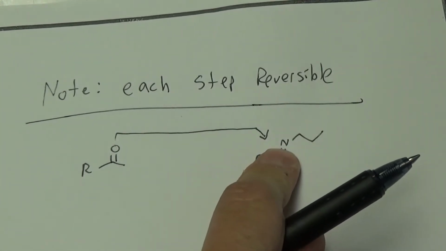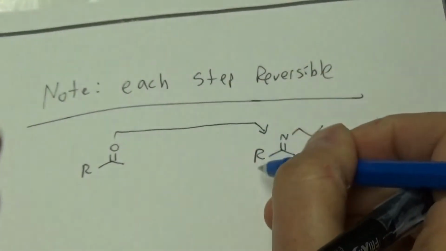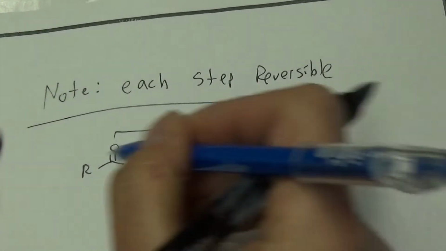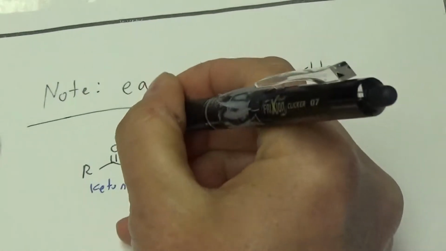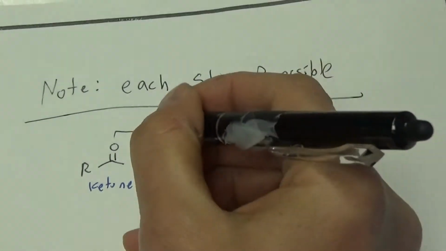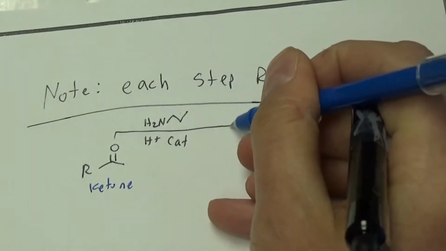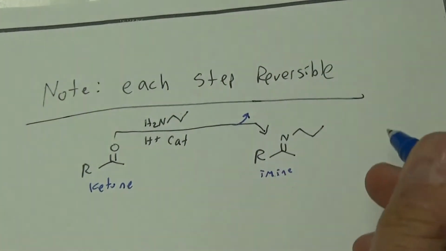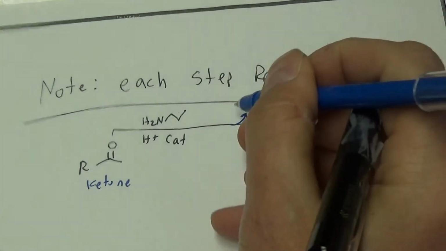The amine plus the ketone makes the imine, right? So the reagent you would use is like propyl amine and H plus cat. And what's the byproduct? The thing that falls off, oxygen and 2 hydrogens, is water, right?